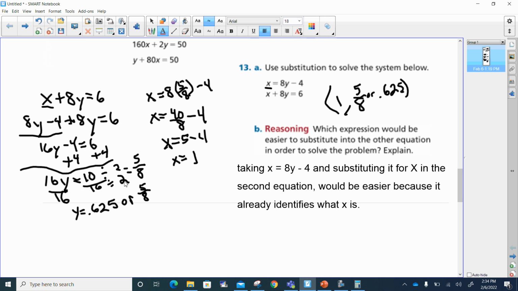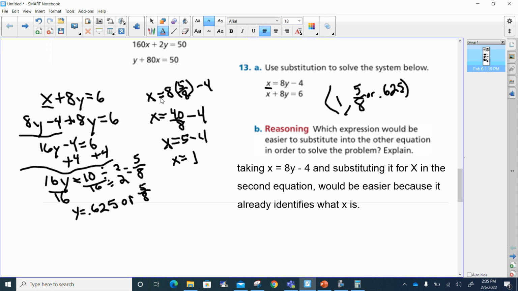I could divide both of these by 2 and get 5 over 8. Or I could take 10 and divide it by 16 and get 0.625. Really, these are the same numbers. And now I can replace, remember, y is one of these numbers. I can replace y in my first problem with one of these. I'm going to choose the fraction.